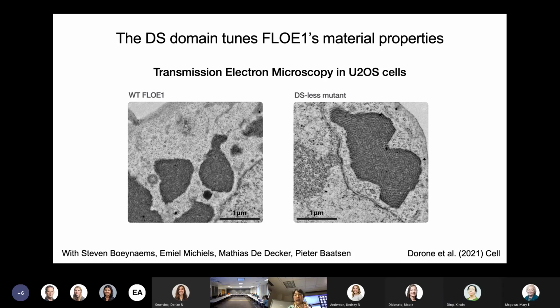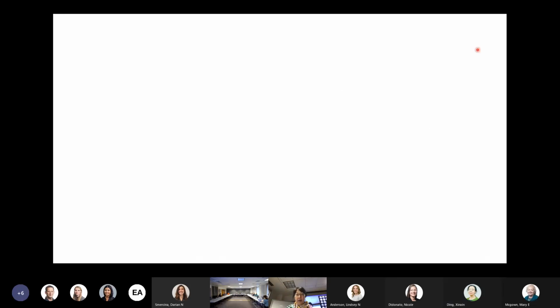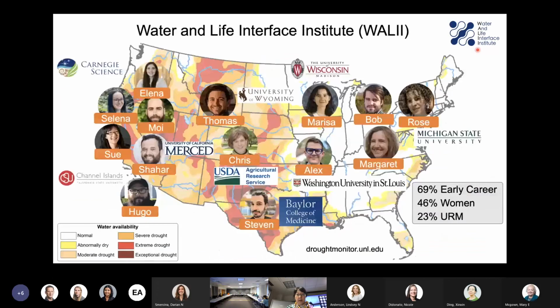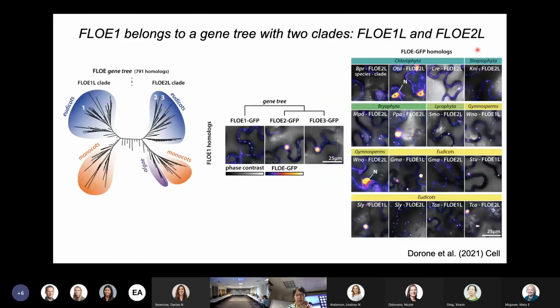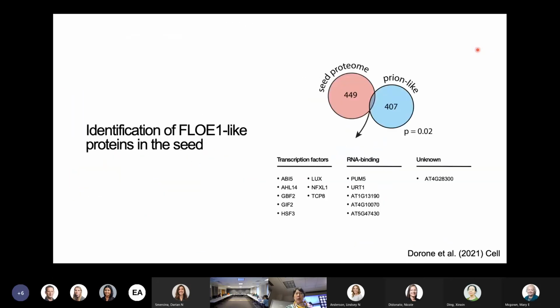I skipped over this, but I'll take just 1 minute. We asked what other proteins behave like phloem, with these prion-like disordered regions and that are most abundant in the seed. We found, I think, 15 proteins.